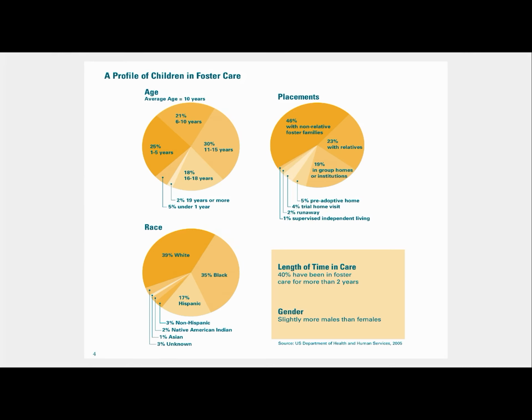This looks at a profile of children in foster care, so it goes over age, race, and placement. 40% have been in foster care for more than 2 years, so that's a lot of moving. Foster care is very fast-paced, as a lot of resources stated. It's a lot of bouncing around. And that is also something that is really hard with disabilities in children, being able to go from one home to another.